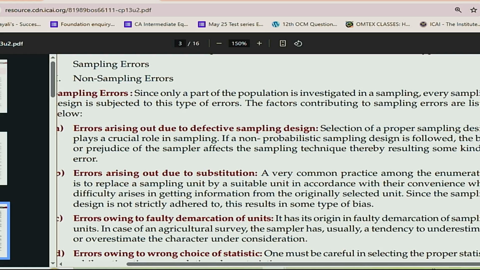Second, errors arising due to substitution. If I am going to substitute Om by Harshavardhan, according to the convenience. When difficulty arises in getting information from the original selected unit, since sampling design is not adhered to, there is now a bias. Om has made a mistake. So I am not counting Om now, I am going to count Harshavardhan.